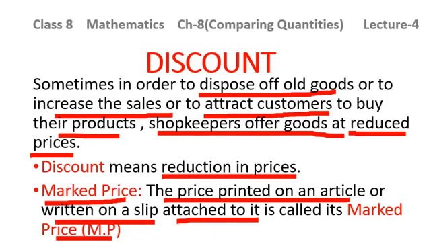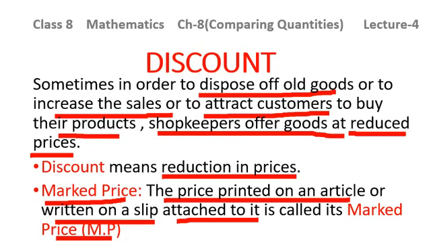Whenever you purchase any new article, any new product, any new commodity, a tag is attached to it, and that shows you the marked price of that particular article. There may be other details regarding that product also, but the price is always printed on the tag.